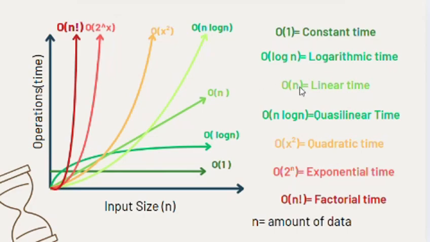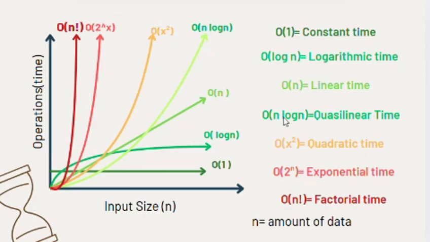The next one is O(n), which is linear time. The running time of an algorithm grows linearly with the size of the input, just like one step per item. If you are considering a loop, or a series of steps, it just follows one step at a time.